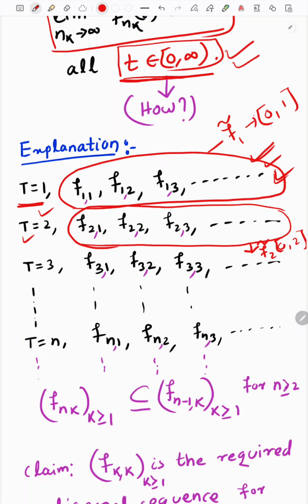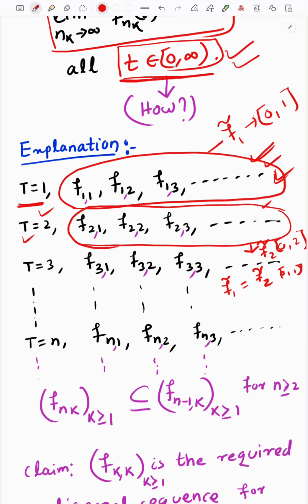Here can you tell me what is the relation between f1 tilde and f2 tilde? Certainly f1 tilde and f2 tilde are the same on 0 to 1. Why? Because both are convergent sequences and the second one is a subsequence of the first one, and we know that a convergent sequence converges to the same limit.